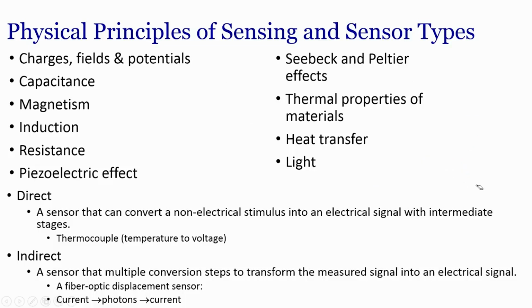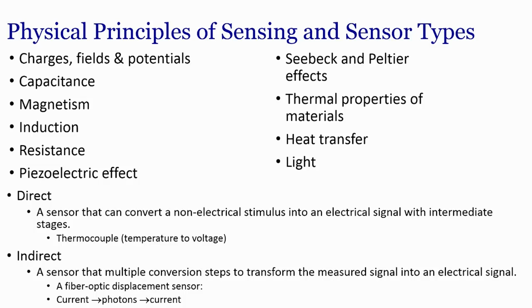Now, when you talk about sensor types, there are two types: one is a direct sensor and the second is an indirect sensor. A direct sensor converts a non-electrical stimulus into an electrical signal, for example a thermocouple, which converts temperature to voltage.